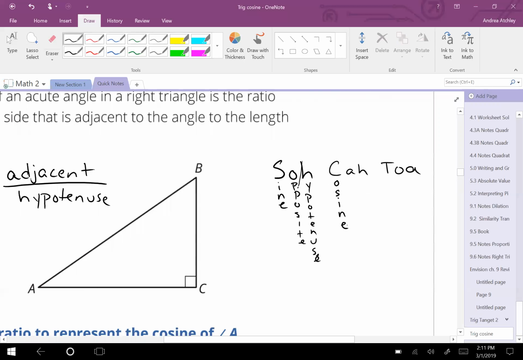And cosine is adjacent over hypotenuse. TOA is tangent. Opposite over adjacent.